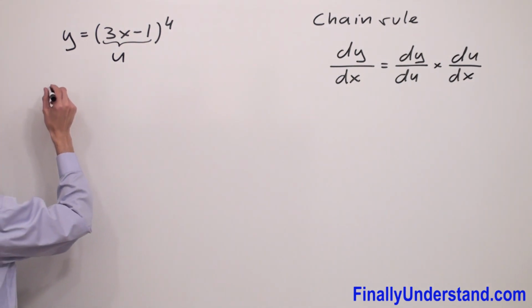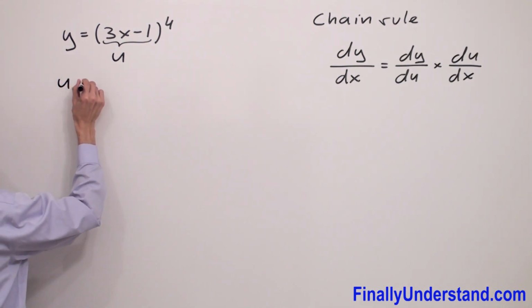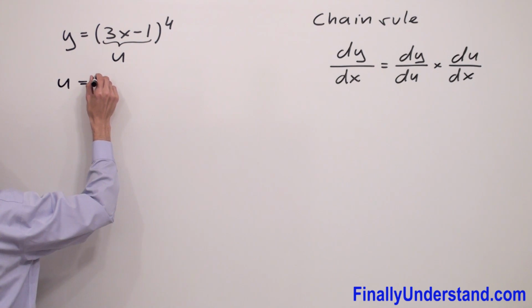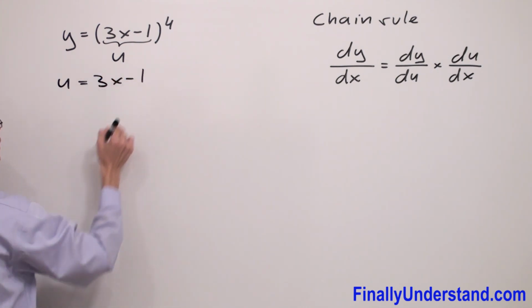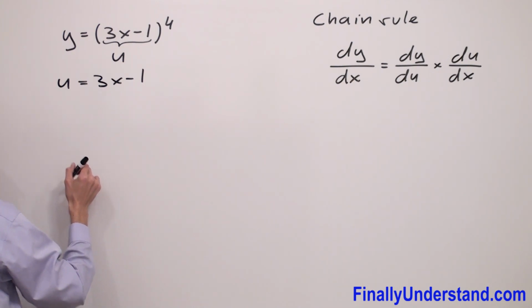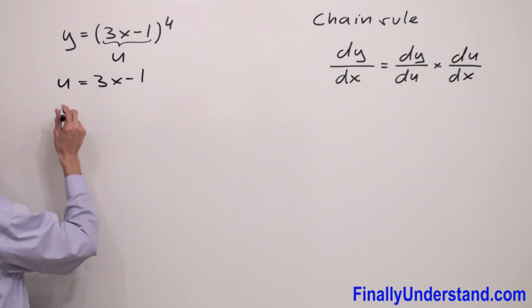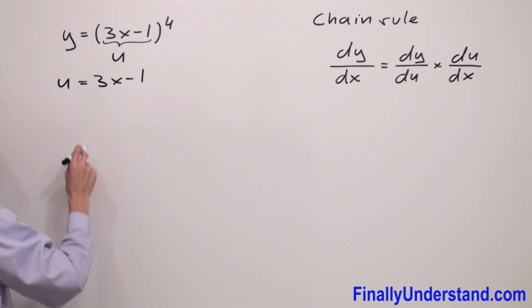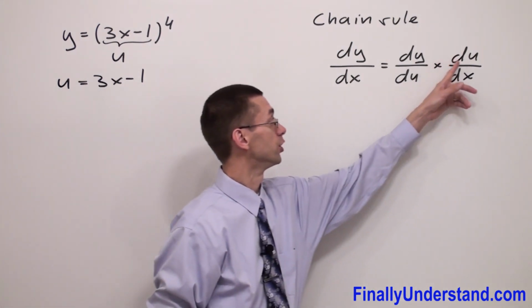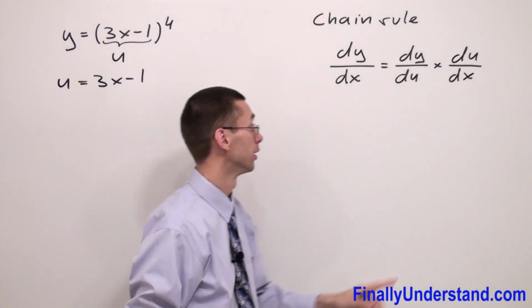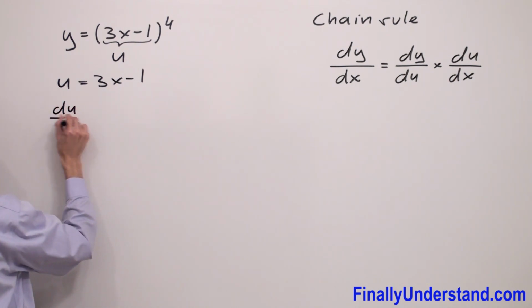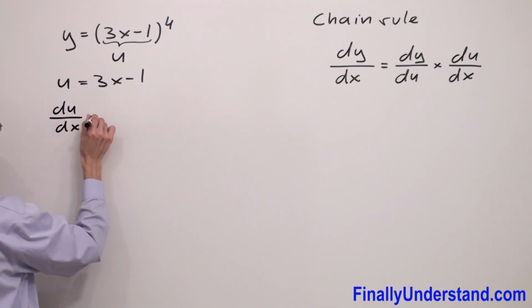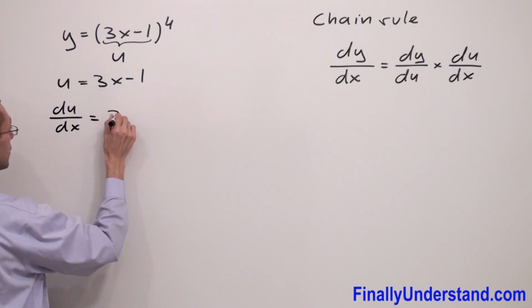So I have u equal to 3x minus 1. Okay, so if you want to find the derivative of it, because we have to find du over dx for this formula, we're supposed to write that du over dx is simply 3.